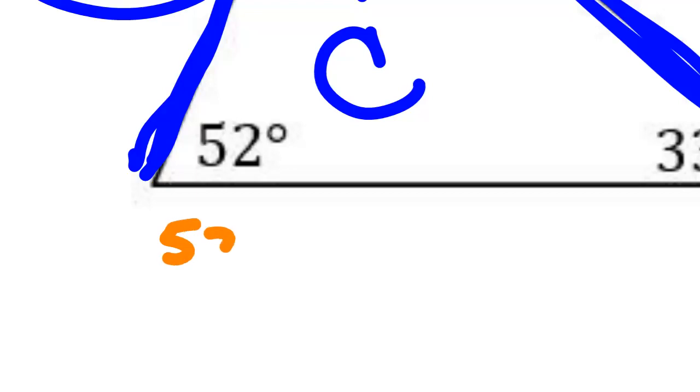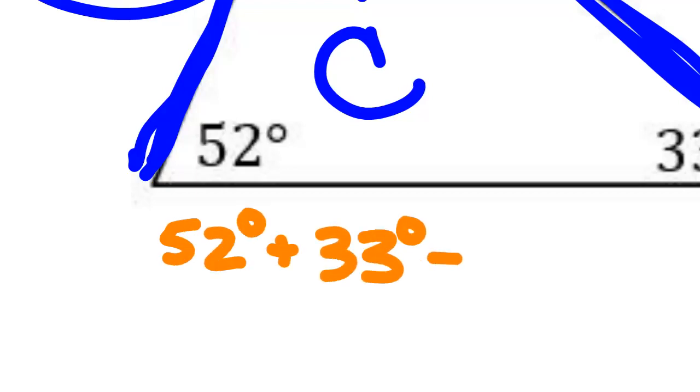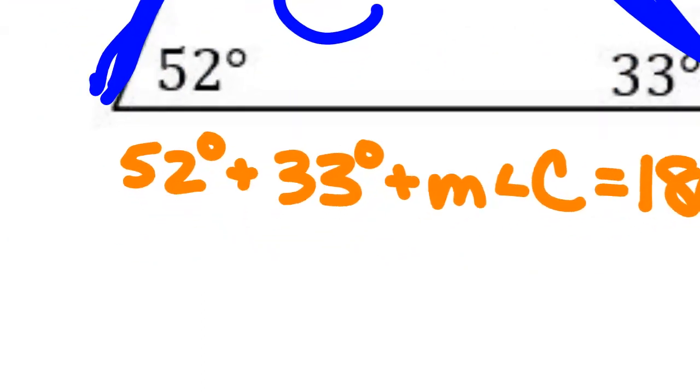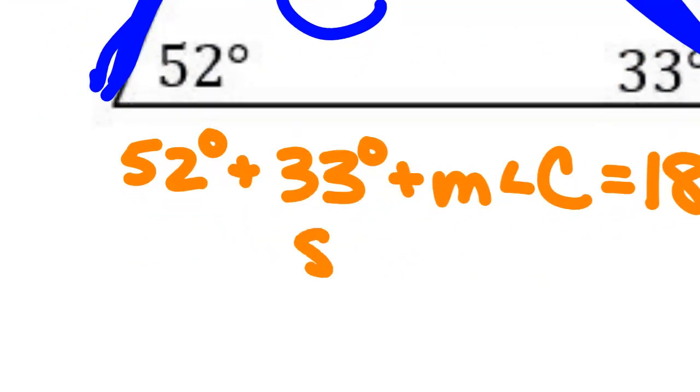Yes, we're going to add 52 and 33 and angle C. And when I add all 3 of those together, it should add up to what? 180. 52 plus 33 is 85.